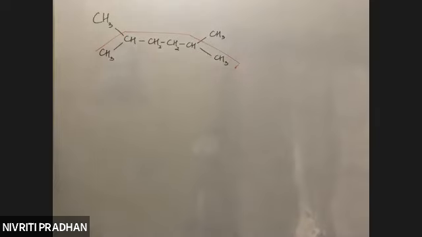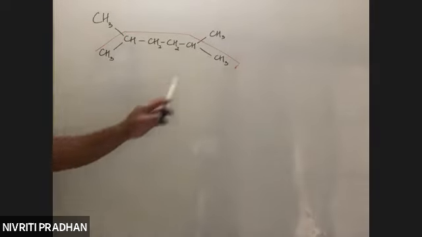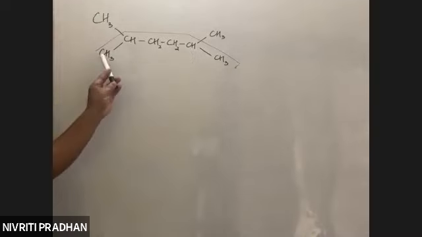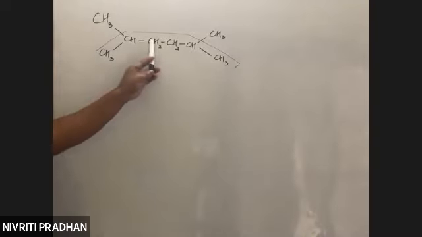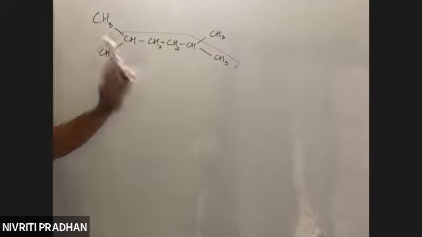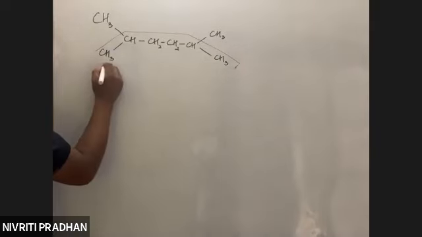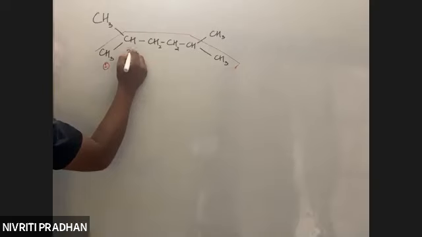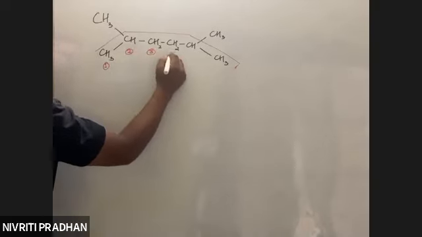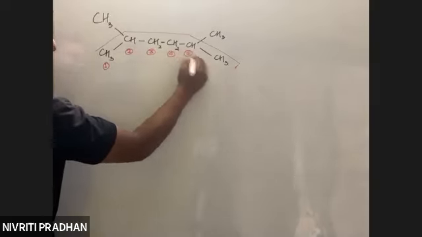So where will you start the numbering from? Either end. You will get number 2 from here as well as from here. 1, 2, 3, 4, 5: 2 plus 5, 7. From here also 1, 2, 3, 4, 5: 2 plus 5, 7. So you can number from either end. I'll just start numbering from here. 1, 2, 3, 4, 5, 6.